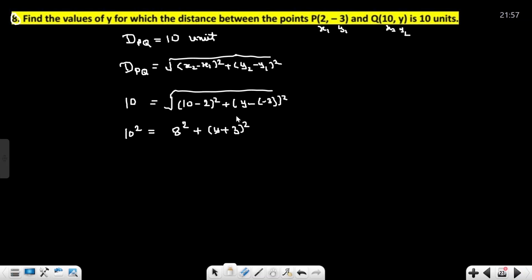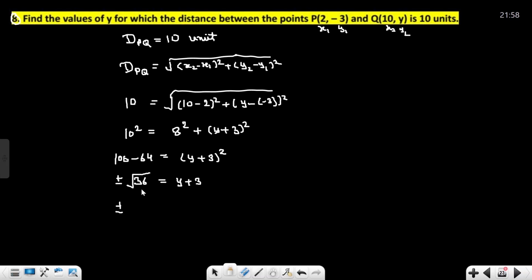If you want you can open the square, but here y is a single variable in the square, so there's no need to open it. 10 square is 100, 8 square is 64, change the side, minus 64, is equal to (y plus 3) square. 100 minus 64 we get 36 is equal to (y plus 3) square. Here is a whole square, so change the square and on the opposite side take the root. So automatically there are two signs, positive and negative: plus minus root 36.